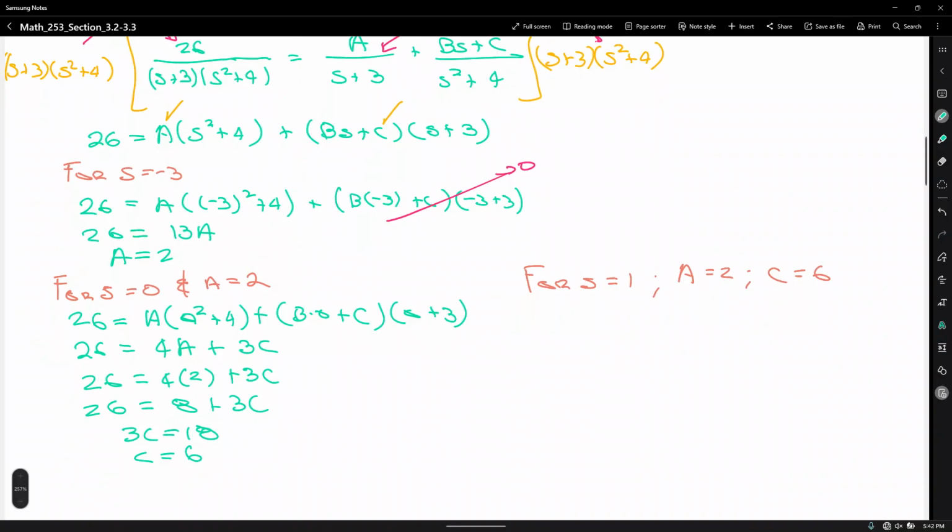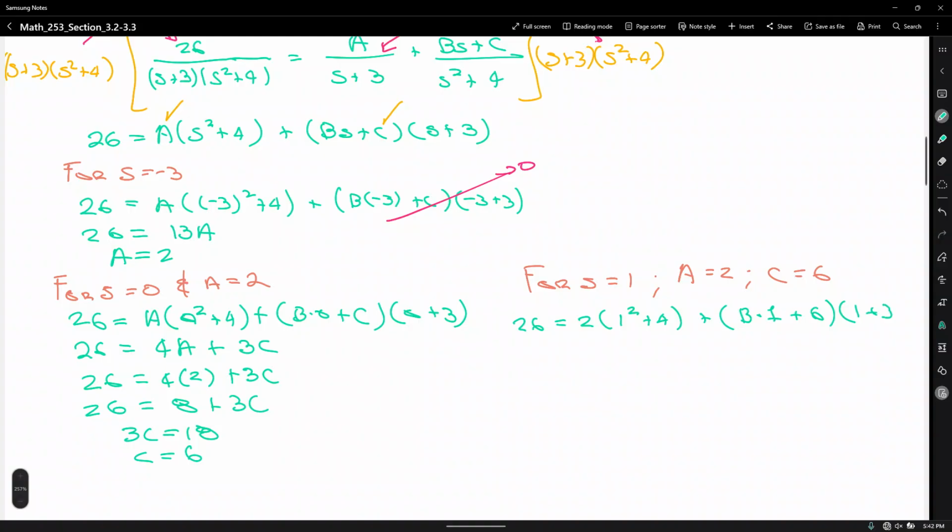All right, so I'm going to substitute all of this into the basic equation here. That is 26 equals a, which is 2, times s, which is 1 squared, plus 4, plus b times s, which is 1, plus c, which is 6, times s plus 3.